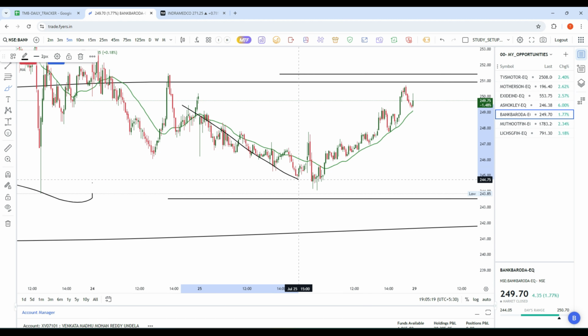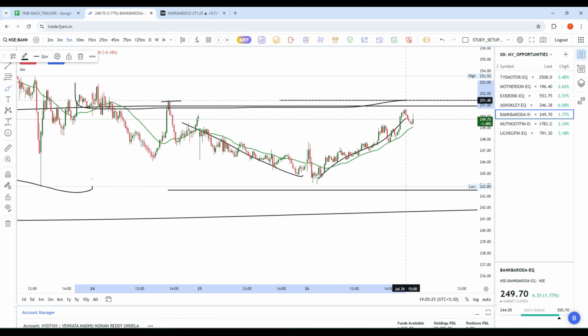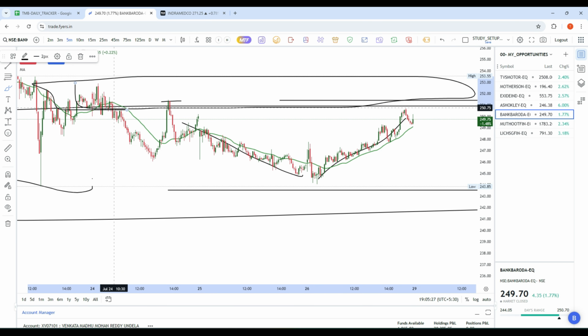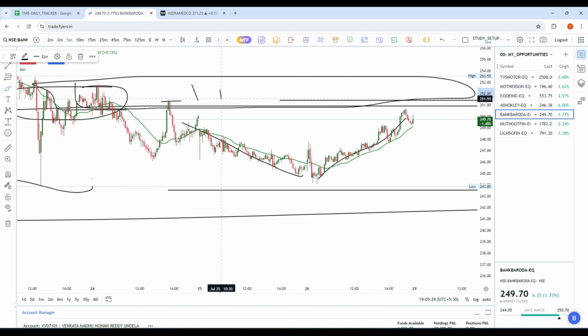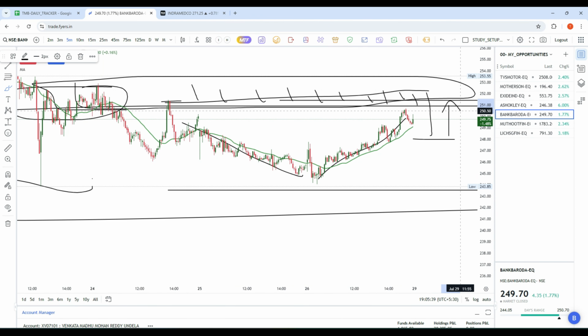Once this area, where a lot of consolidation happened, there will be some people who may look for a sell side opportunity in this area. Let it come here during the reversal, okay, and we can take the entry after crossing this.